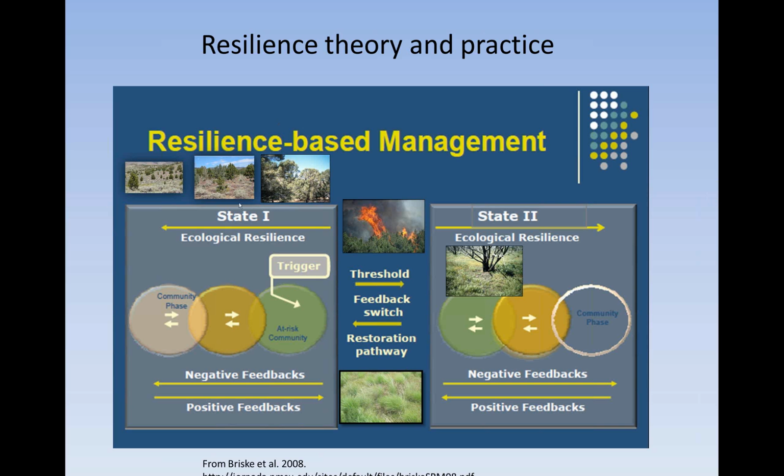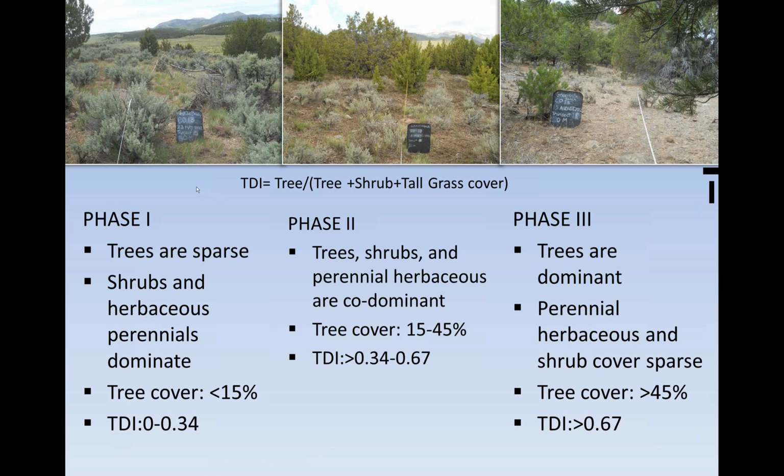So we're basically asking the question, when should we treat as trees encroach? And in this regard, Miller and Tausch have come up with this phase 1, 2, and 3. Here's where the trees at phase 1 are coming into the community, but the understory still dominates. Here the trees and understory share dominance, and here the trees in phase 3 are dominating.